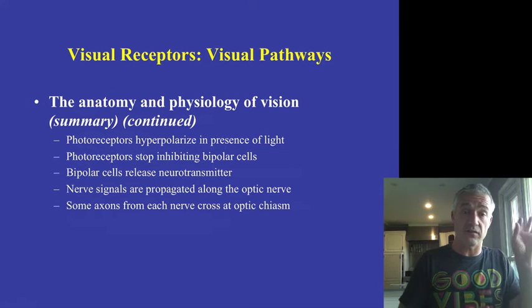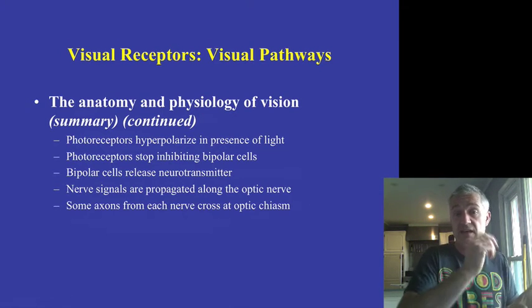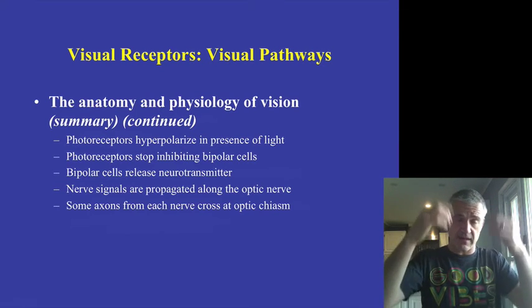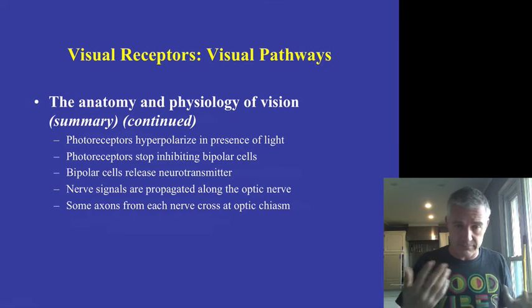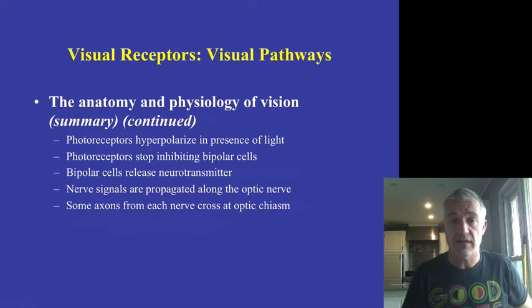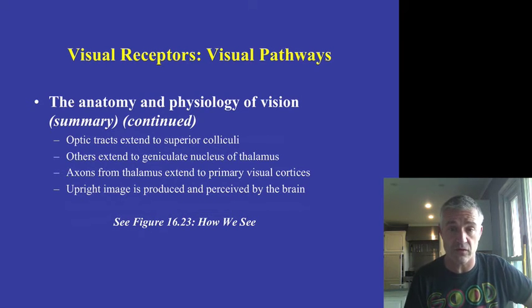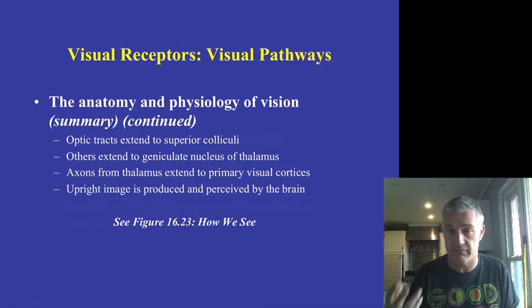That allows those ganglion cells to be activated and send an action potential through the optic nerve back across the optic chiasm, where these cross. Not a big deal in this one right now. That is going to go back to the brain, through the thalamus to the visual cortex, and then we determine what this actually means, how we perceive this.